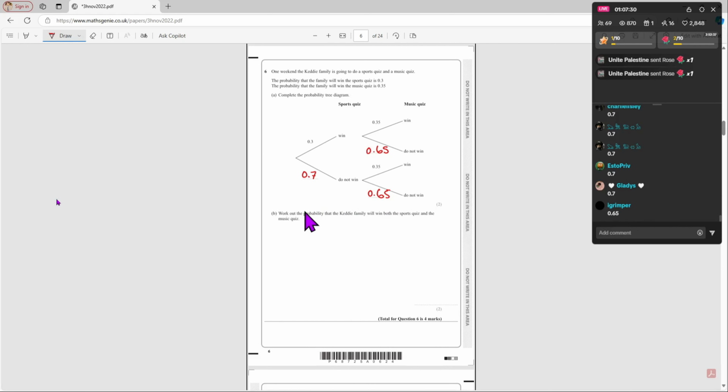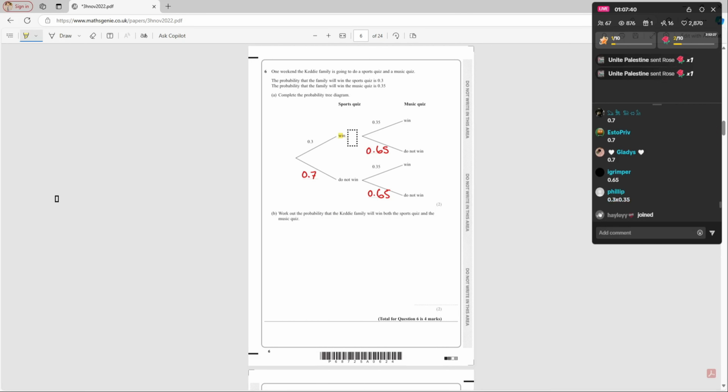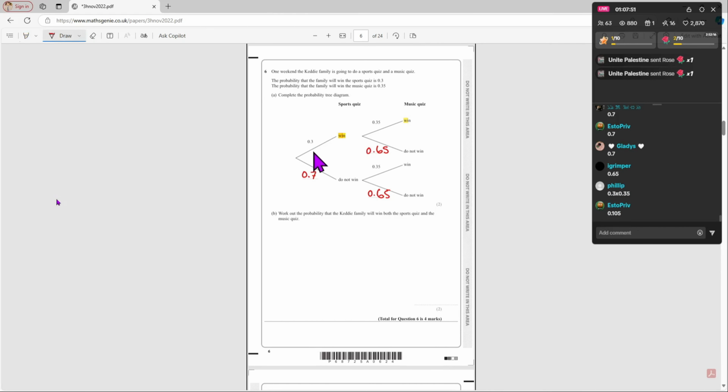And now, it says work out the probability that the Keddy family will win both the sports quiz and the music quiz. So what it's saying is they win the sports quiz and then they win the music quiz. Whenever we're doing this type of question, you multiply across. The probability of winning the sports quiz is 0.3, and the probability of winning the music quiz is 0.35.